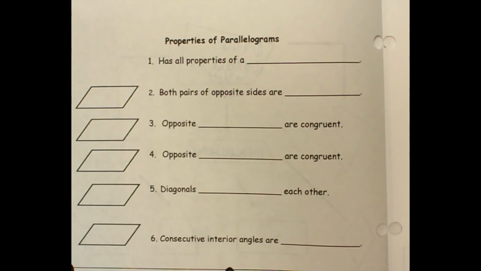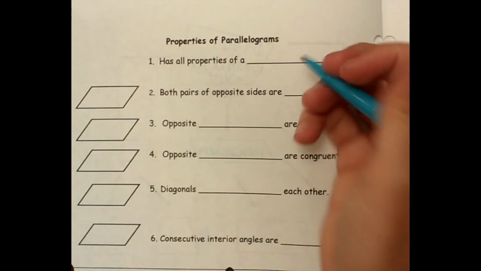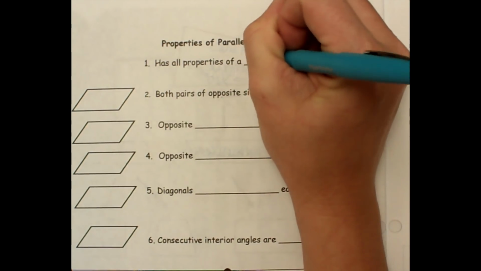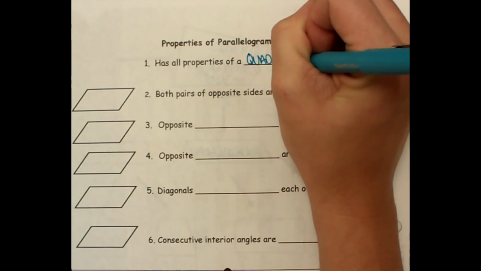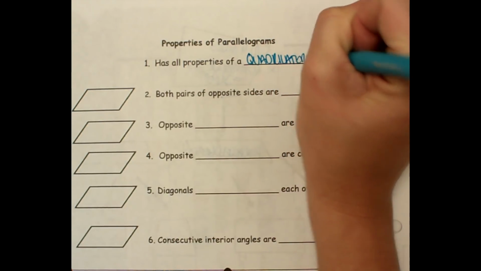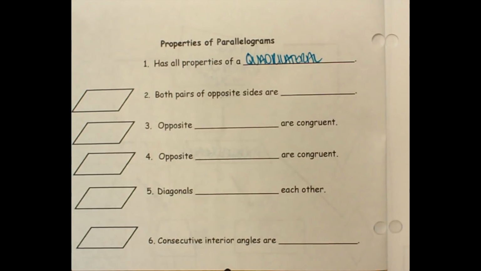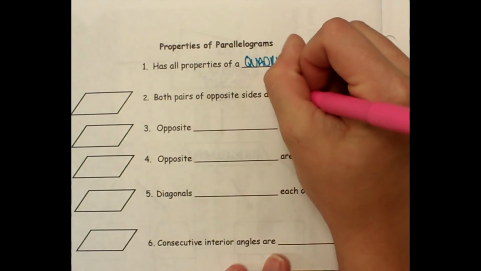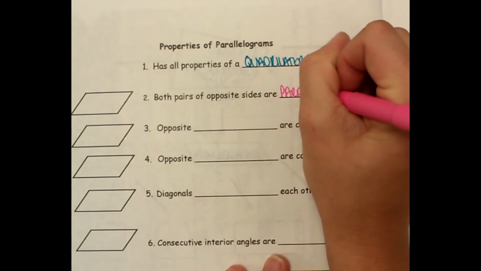So a parallelogram has all the properties of a quadrilateral. That means that, remember, it has four sides and the interior angles add up to 360 degrees. So properties specific to your parallelograms are numbers 2 through 6. What we're looking at is that both pairs of opposite sides are going to be parallel.